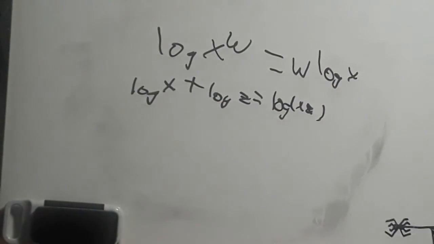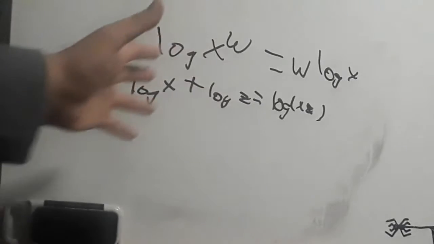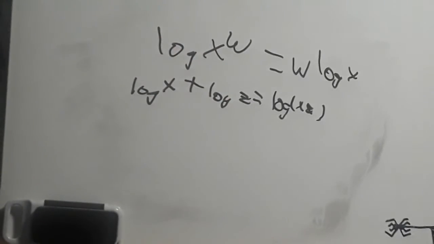This is the equivalent to log x z. That was a stupid z, but when you add them, it actually multiplies these parts together. And that's another property.